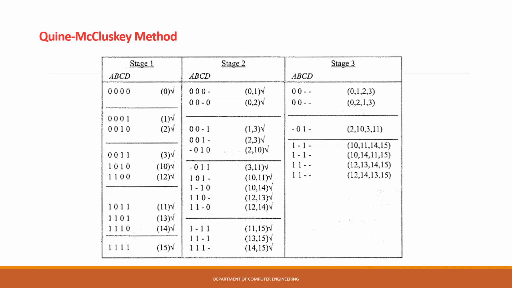That's why the combinations are 10, 11, 14, 15, which is one min-term combination, and the second one is 12, 13, 14, 15. So we get 3 min-term groups from stage 3 for this given example.